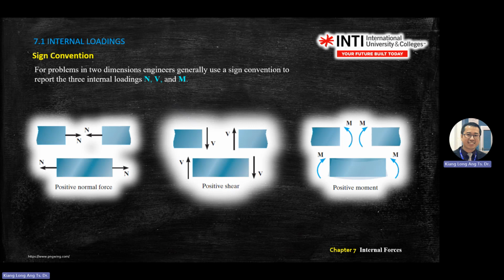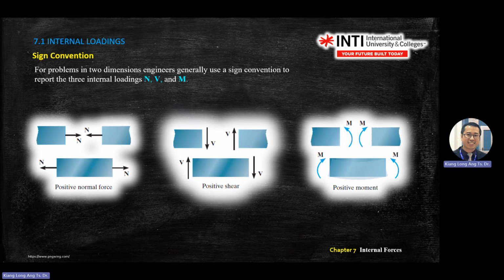This one is positive moment. How do you remember it? When you bend the object, what shape do you see? A smiling face. A smiling face represents positive moment.